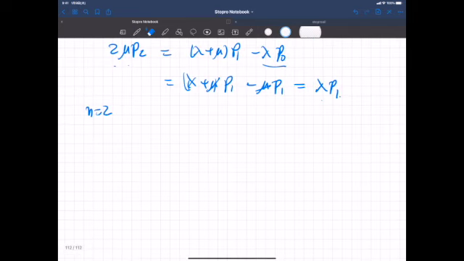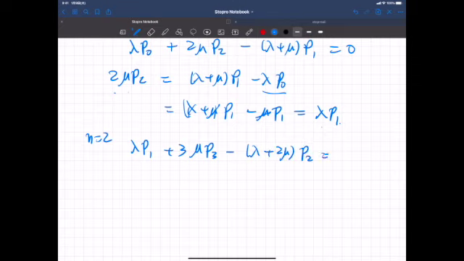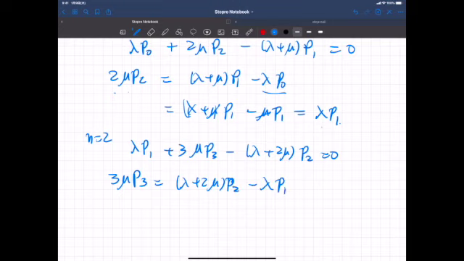So that's lambda P1 plus 3 mu P3 minus (lambda plus 2 mu) P2 is 0. So we have 3 mu P3 equals (lambda plus 2 mu) P2 minus lambda P1.